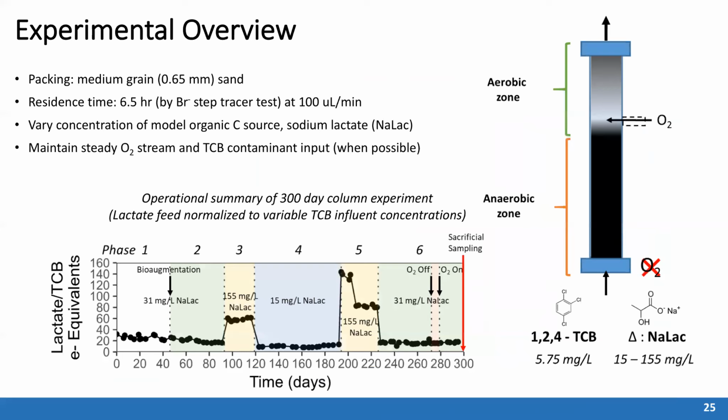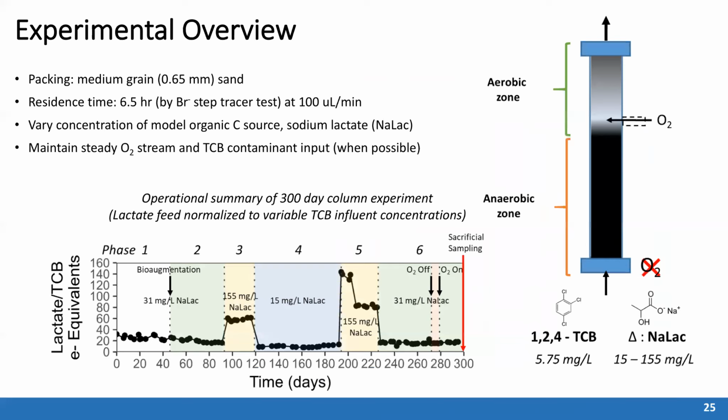The normal feed flow is 100 microliters per minute, very slow flow. We're using lactate as a model compound because we know that lactate is a good electron donor for the reductive dechlorinations. The way this worked is we're feeding 1,2,4-trichlorobenzene at the bottom of the column with the anaerobic zone, and with various doses of the sodium lactate to simulate what a range might be in the field, but also look at what happens when you have both low concentrations and high concentrations to drive the reaction.